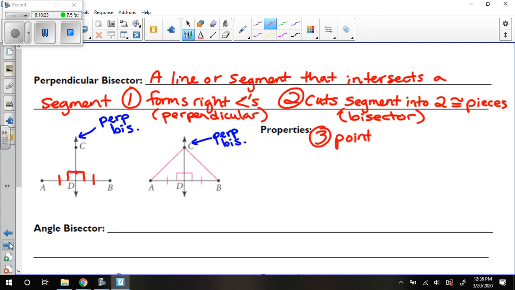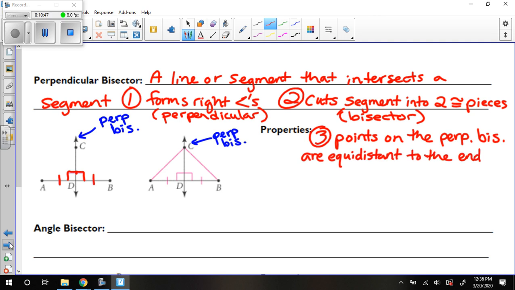Okay, points on the perpendicular bisector are equidistant to the endpoints on the segment it's bisecting.